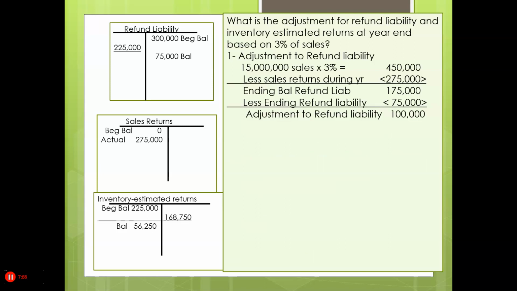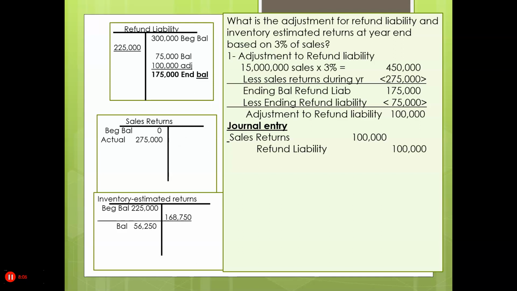We take out the current balance of $75,000, which means we have to do a journal entry for sales returns of $100,000 and refund liability of $100,000, which gives us the $175,000 ending balance that we asked for, which is this number right here. And now we have our total sales returns for the year of $375,000.